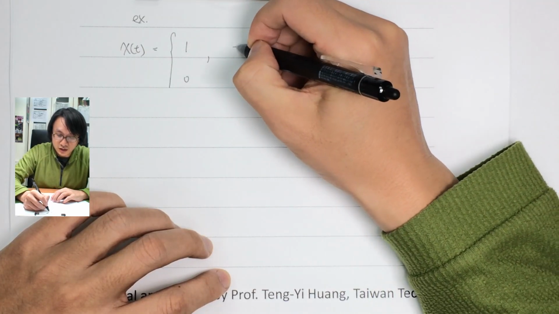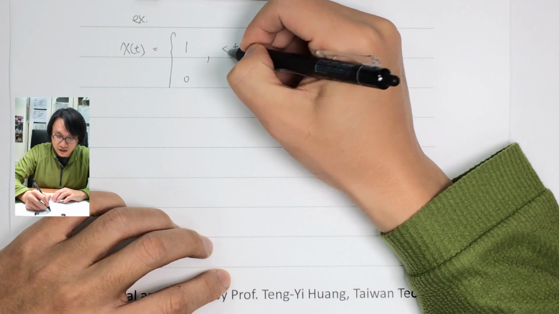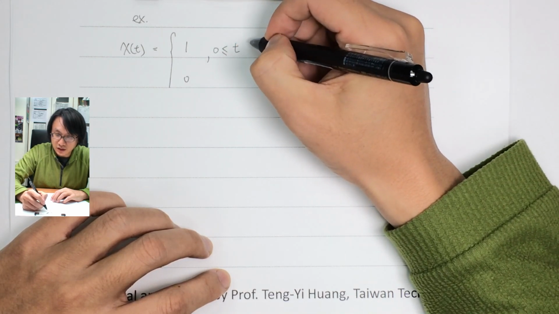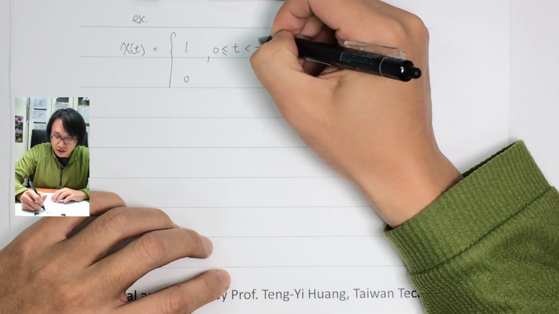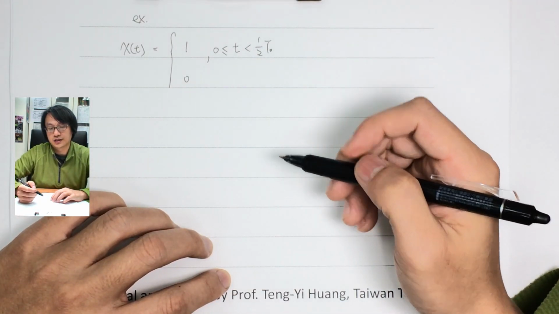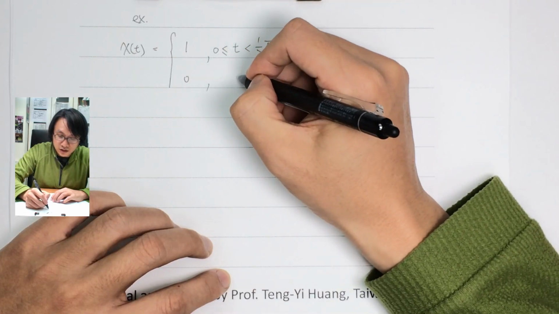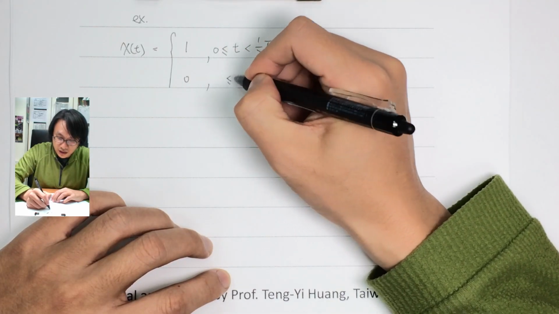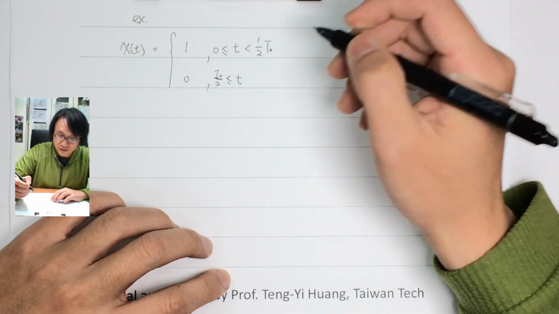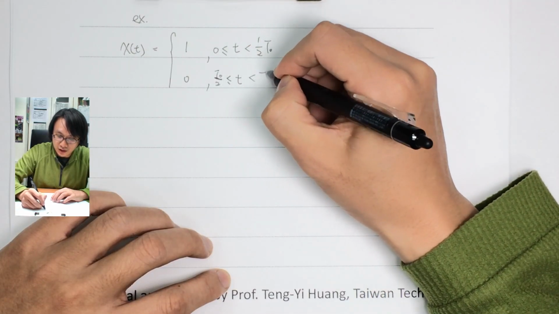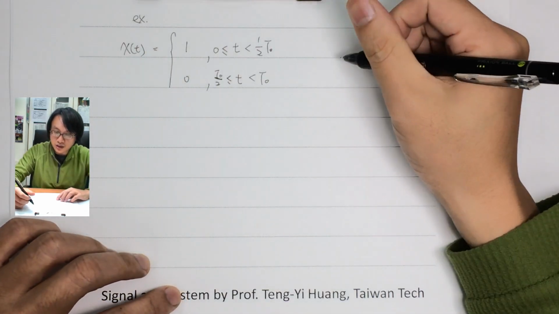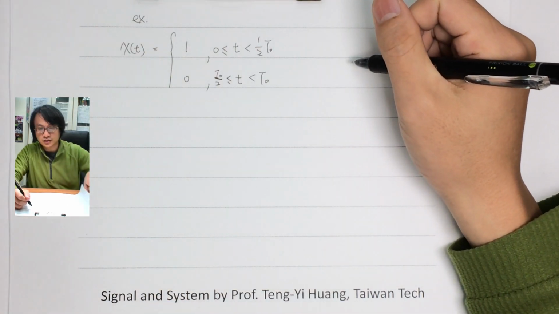From 0 to T0 over 2, the signal equals 1, and when t is from T0 over 2 to T0, it equals 0. Drawn out, it looks like this. It's a periodic signal.